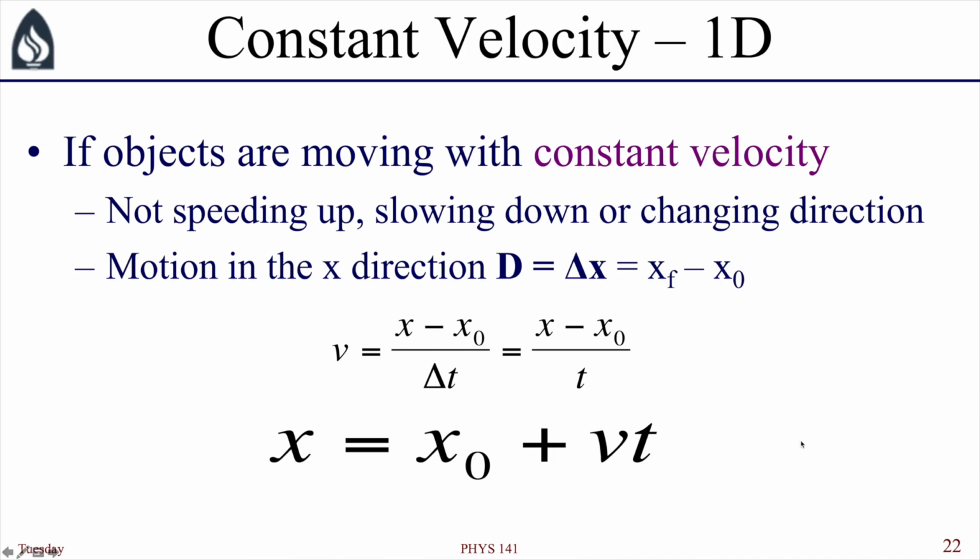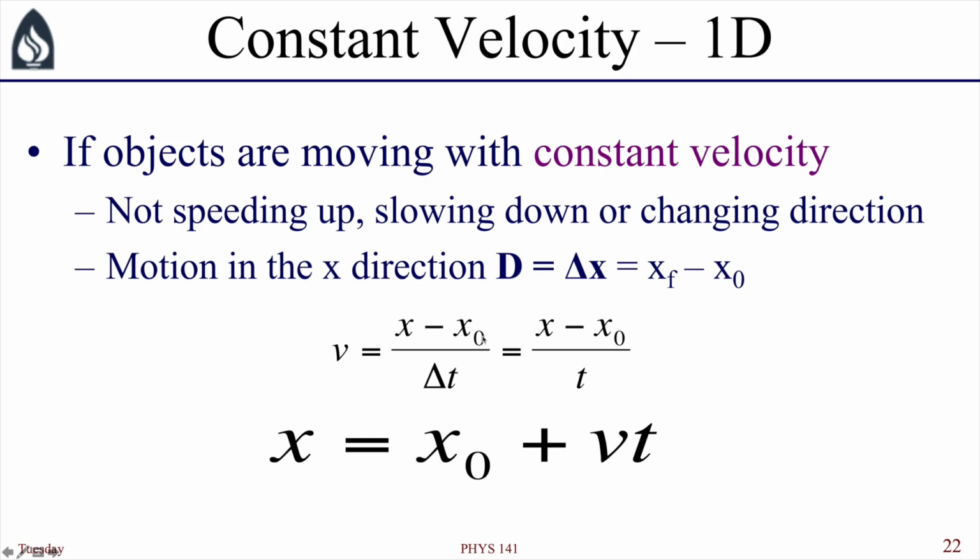We can find the change in the position, the displacement, is just the change in the position in one direction, or the final position minus the initial position. Then the velocity would be the change in position with time, and here we've gotten lazy and just use x instead of x sub f as the final position. x sub 0 is the initial position.